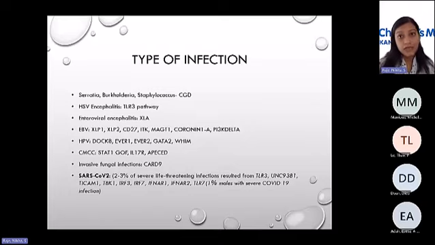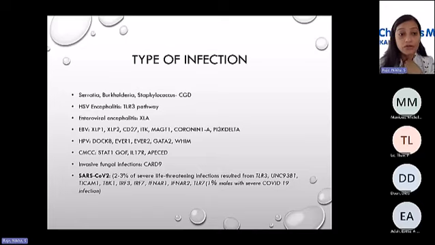Now, EBV can secondarily suppress the immune system, but also there are some IEIs that are known to be prone to having chronic EBV, and that can lead to lymphoproliferation. So there's a long list. I've listed some. Same for HPV, chronic mucocutaneous candidiasis.